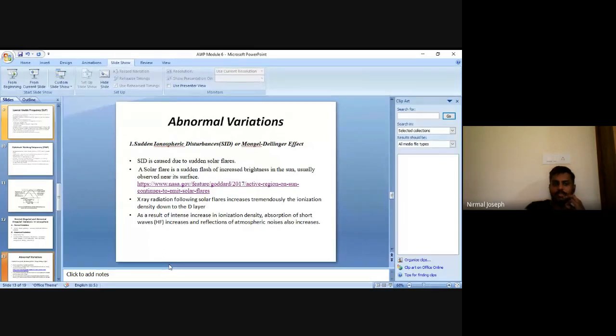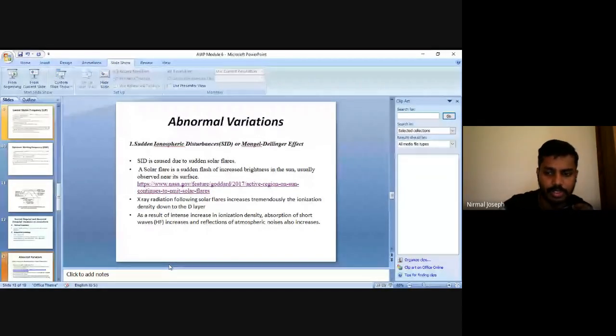This is an abnormal variation, first observed by the scientists Mogel and Dellinger, so it is also called the Mogel-Dellinger effect. This is called sudden ionospheric variations. The value of the lowest usable frequency increases beyond the maximum usable frequency.